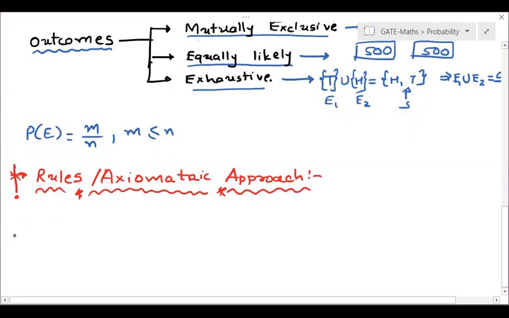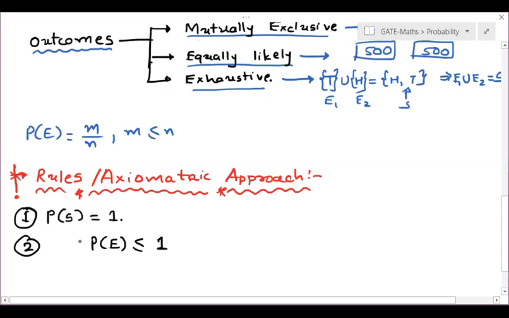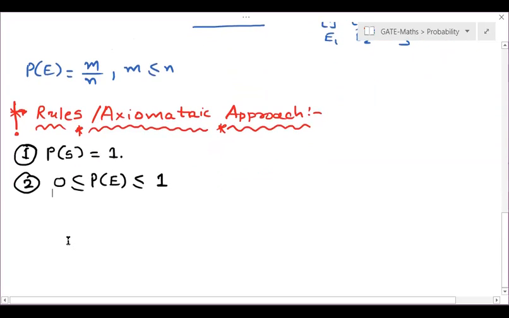See, the first rule: the probability of the sample space is 1, that is, getting all the outcomes. Probability of any event will always lie between 0 and 1. It will be 0 for an impossible event and 1 for a certain or sure event.